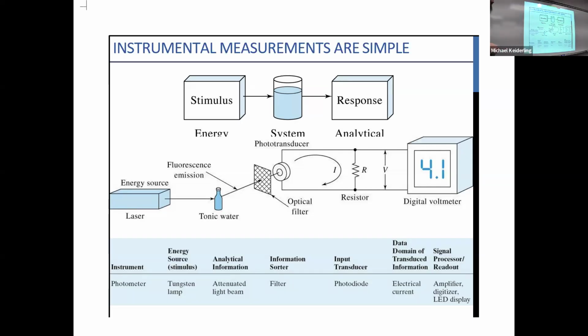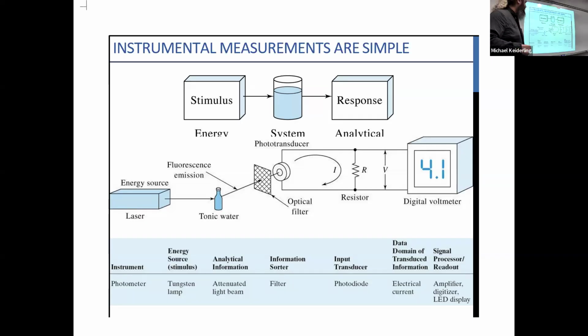So that would be for a fluorescence setup. For a basic spectroscopy setup, something like UV visible in a photometer, your energy source, your stimulus, is a tungsten lamp. Your analytical information, what you're trying to figure out, is how much that light beam gets attenuated.